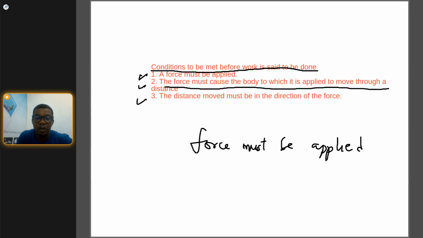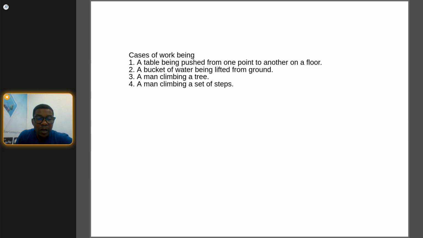We want to look at examples of work done. Examples of what? Work done. Okay, so we have cases of what?